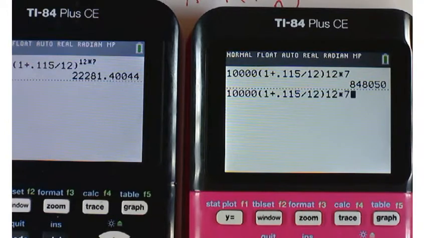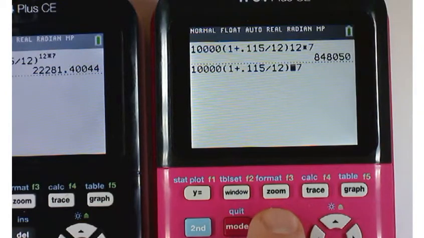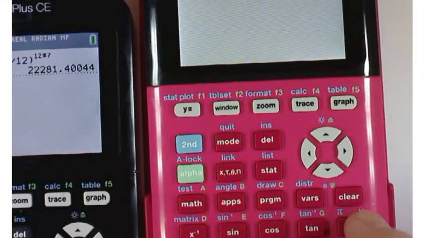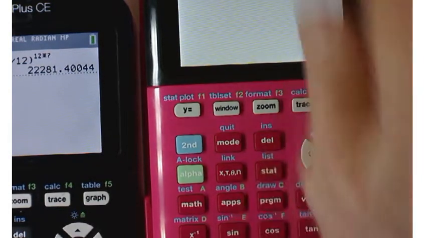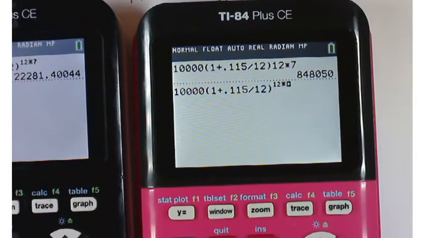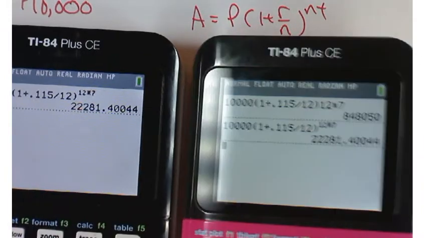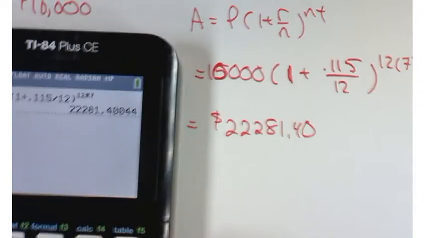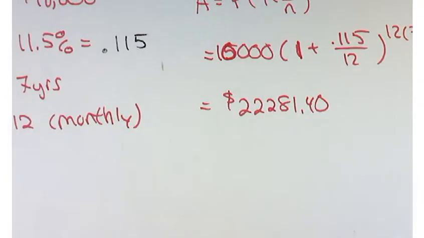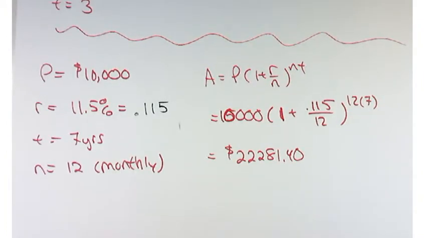What you can do to re-edit is go back here, and there's a delete key right there. Because a lot of this is good. I'll just delete that. Then we'll hit the up arrow key right here. And I dig your pink calculator. That's kind of cool. And then do 12 times 7. And now these are twins. So, thank you. Somebody else is going to benefit from that. All right. Are we okay with that one?